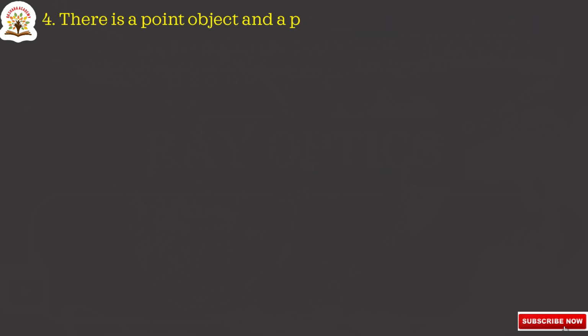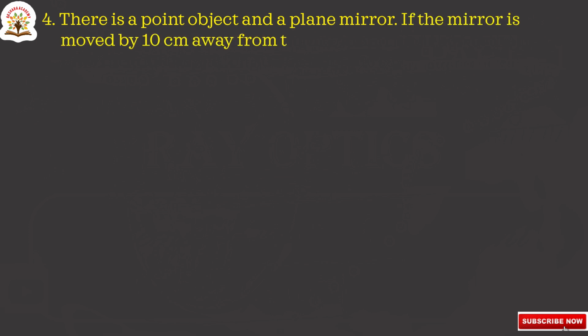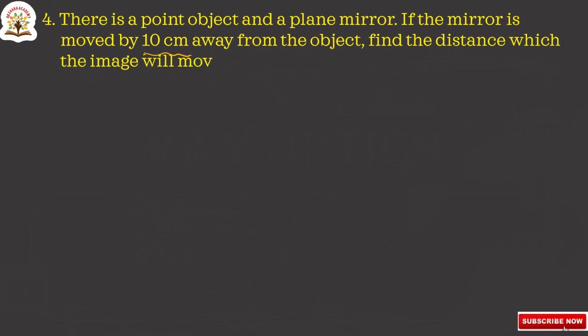There is a point object and a plane mirror. If the mirror is moved by 10 centimeters away from the object, find the distance which the image will move. Now here there is a point object and a plane mirror.